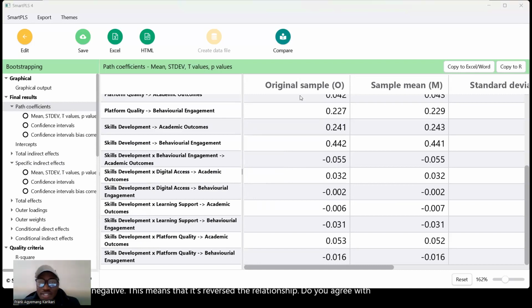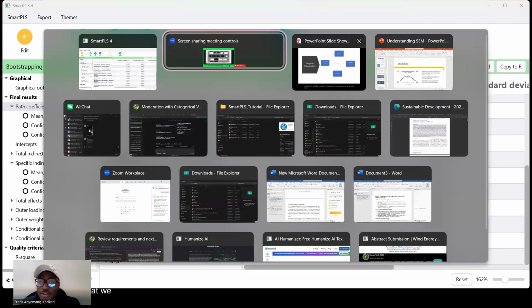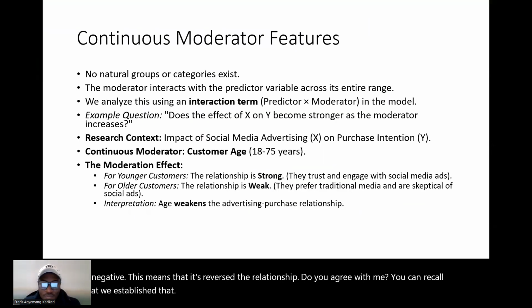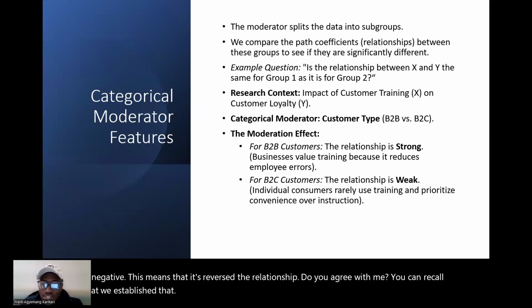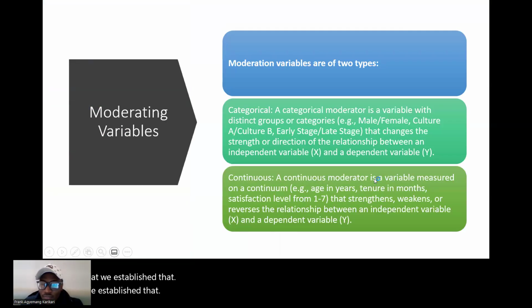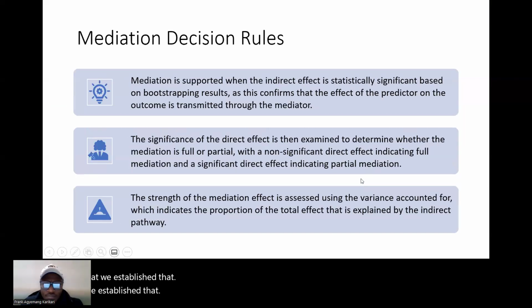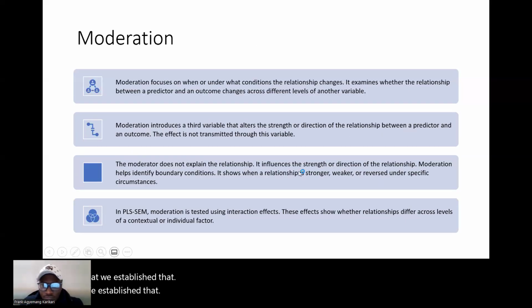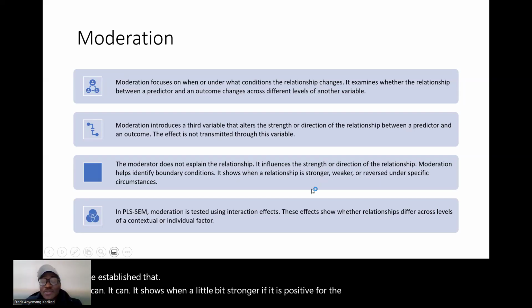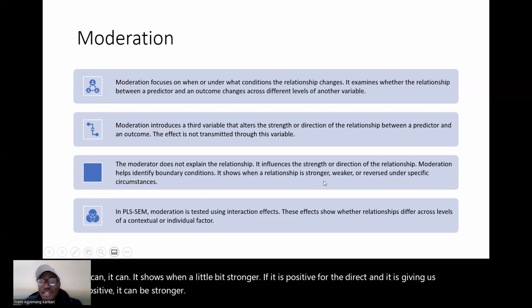You can recall that we established that when a relationship is positive for the direct and the moderation is also positive, it can be stronger.